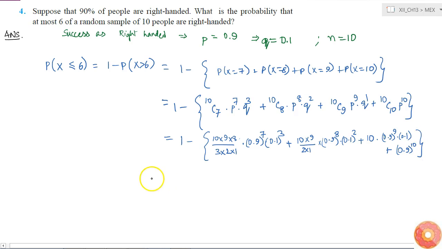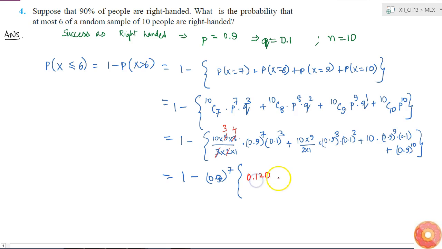Correct? So this is equal to 1 minus, if I take out 0.9 to the power 7 common, because it is present in every term, I can write it as: here I am going to cancel this 3 with 9, so I have 3 here, I will get 4 here. So this is 120 into 0.1 cube. 120 into 0.1 cube means I have to shift the decimal by 3 places.